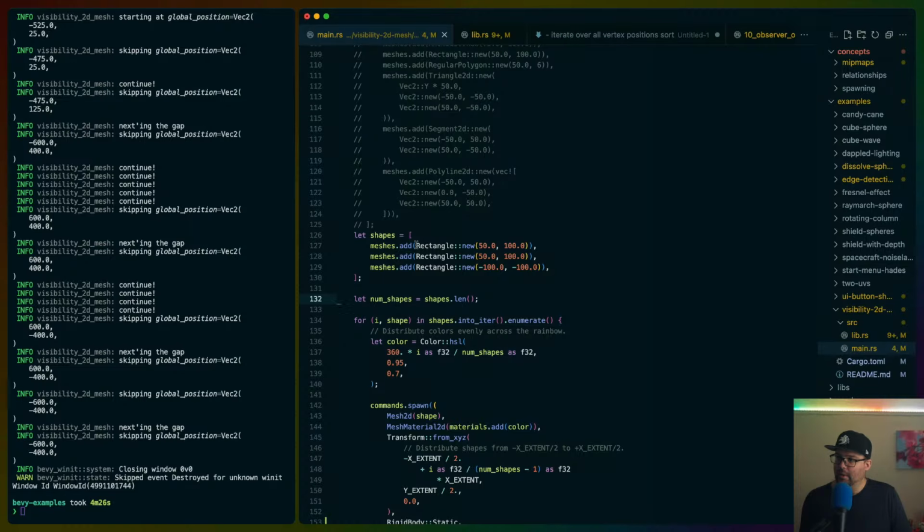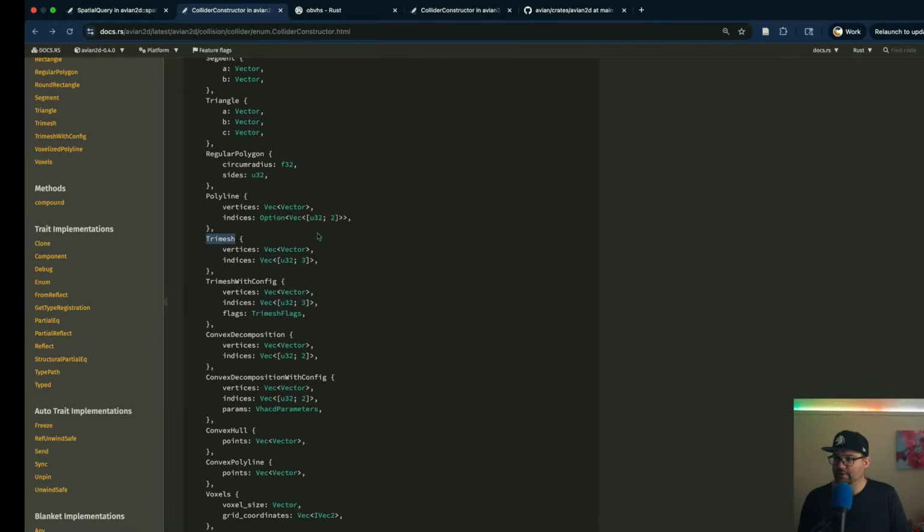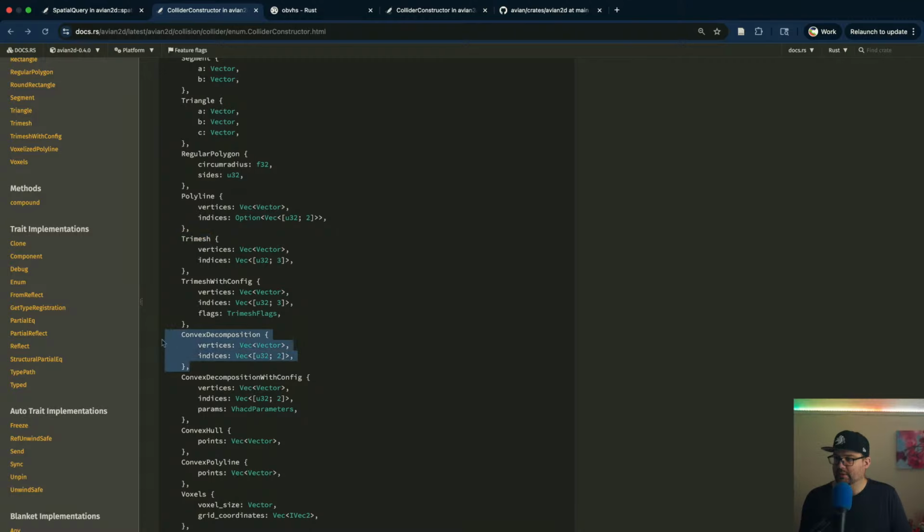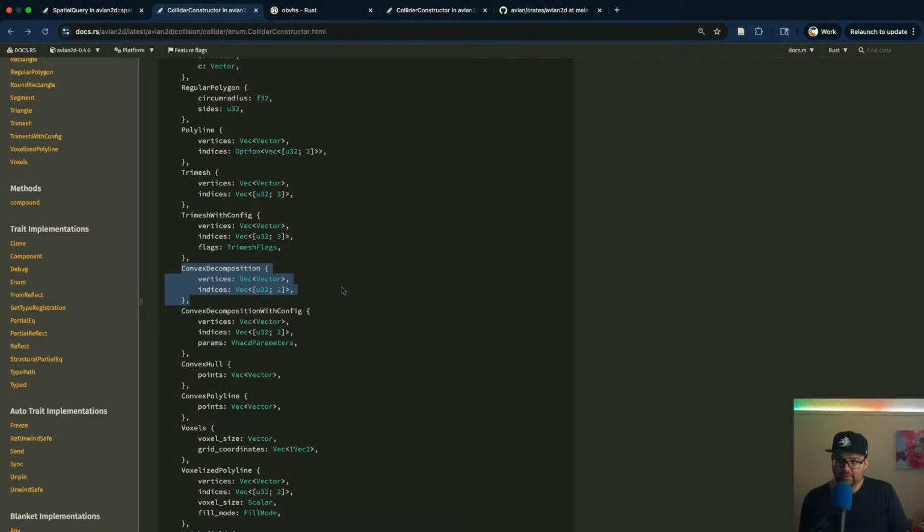I'm trying to think about how I want to do this. Automatic way to build convex decomp. I don't know if there is one in 2D. There is convex decomp.